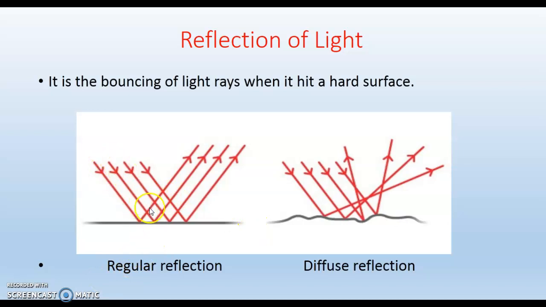We realize that all the rays coming in were parallel and straight, and after the reflection, they also went away parallel and straight as they came. This occurs when we have a smooth and shiny surface. But when you have a shiny but rough surface, after the reflection, the rays will be dispersed. And that's what we refer to as diffuse reflection. So take note of that.